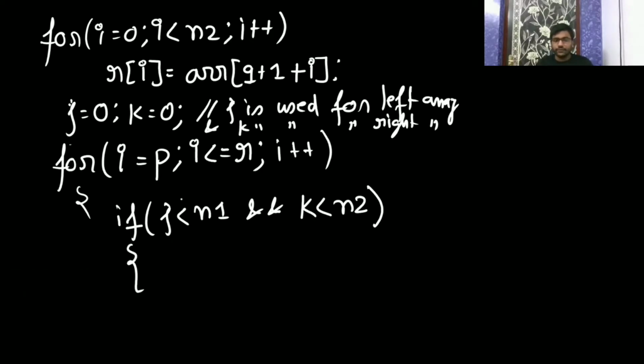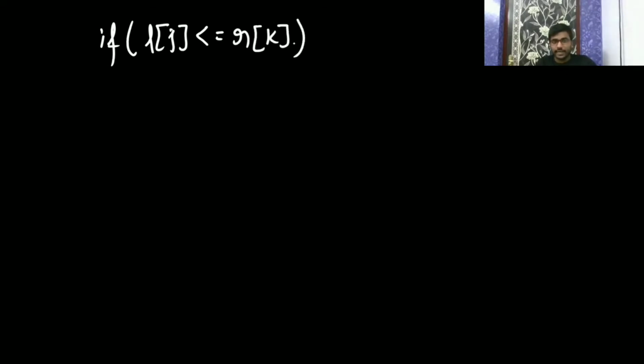So this is the if loop. If j is smaller than n1 and k is smaller than n2, now I will go inside that. Now I will compare if left of j is smaller than or equal to right of k. See, k I have used for right and j I am using for left.